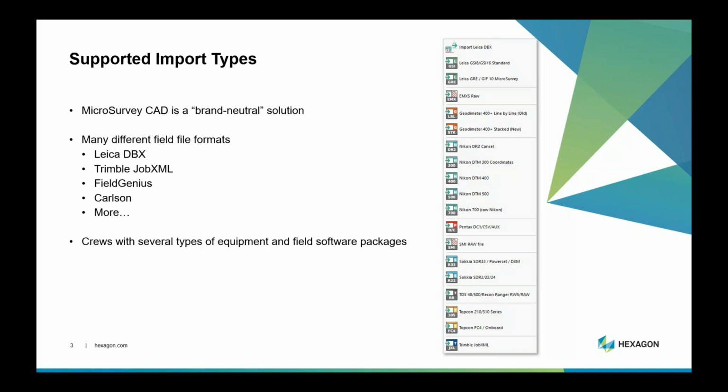This is really useful if you have many types of survey equipment and field software packages with your crews. Maybe you allow your crews to buy their own GPS equipment and rent it back to your company or something like that. That is a good way that you can do that and still import all of that data.